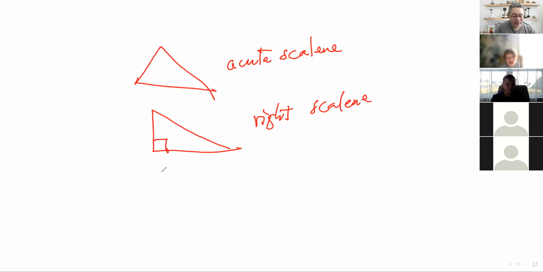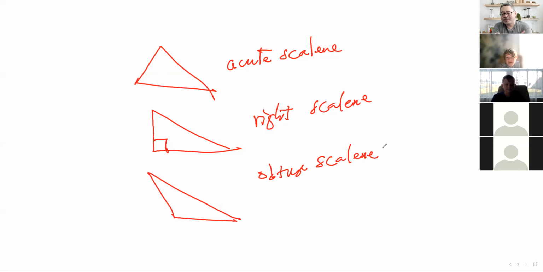And then, of course, we've got obtuse scalene. Okay, are we good on that? All right. Grayson, good?